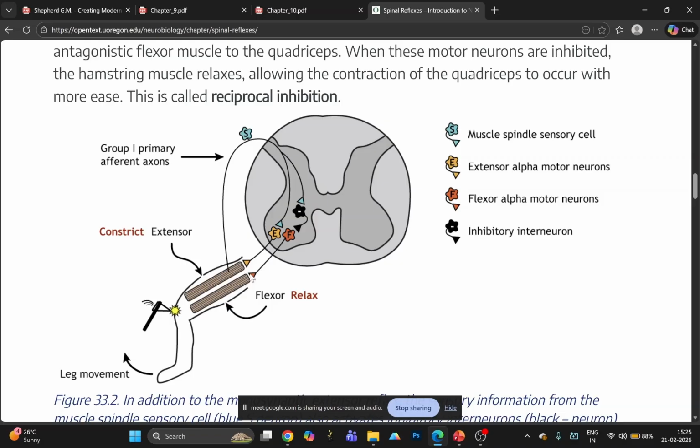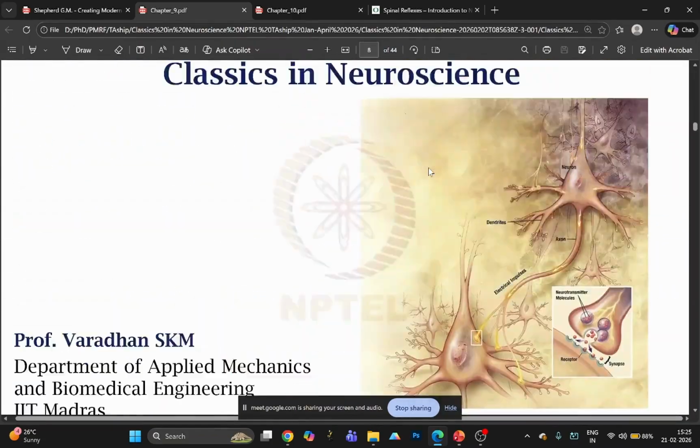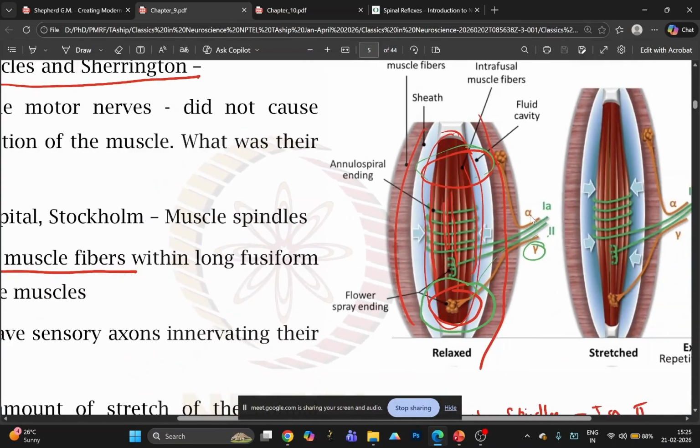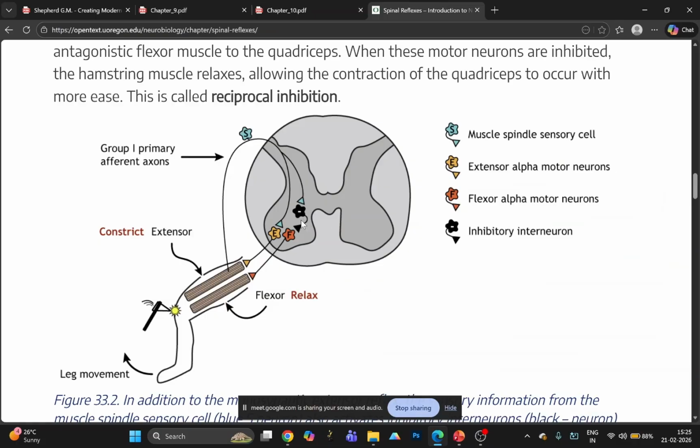We know that alpha motor neurons are the ones that synapse with the extrafusal muscle fibers, right? We discussed this. The alpha motor neurons synapse with the extrafusal muscle fibers that are responsible for muscle contraction. So these interneurons will inhibit the alpha motor neurons of the hamstring, and because of that the hamstring will not contract.